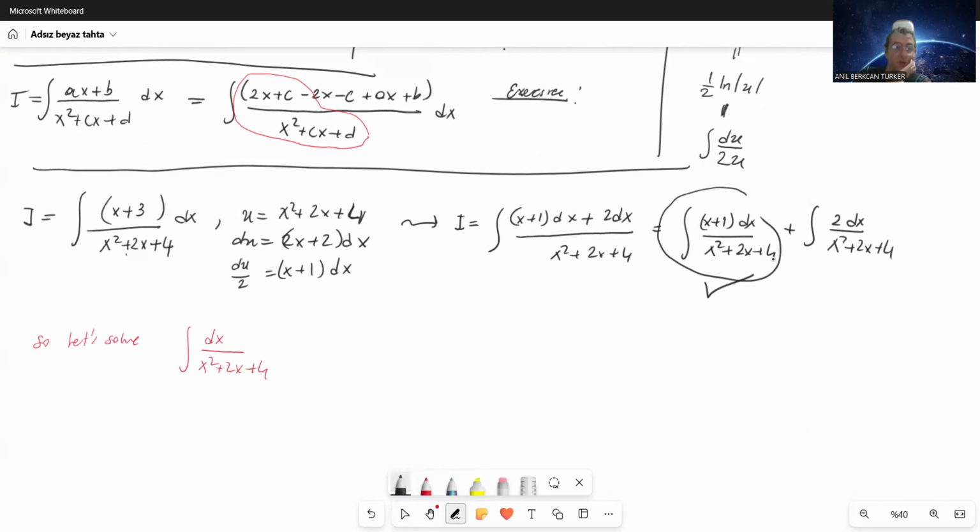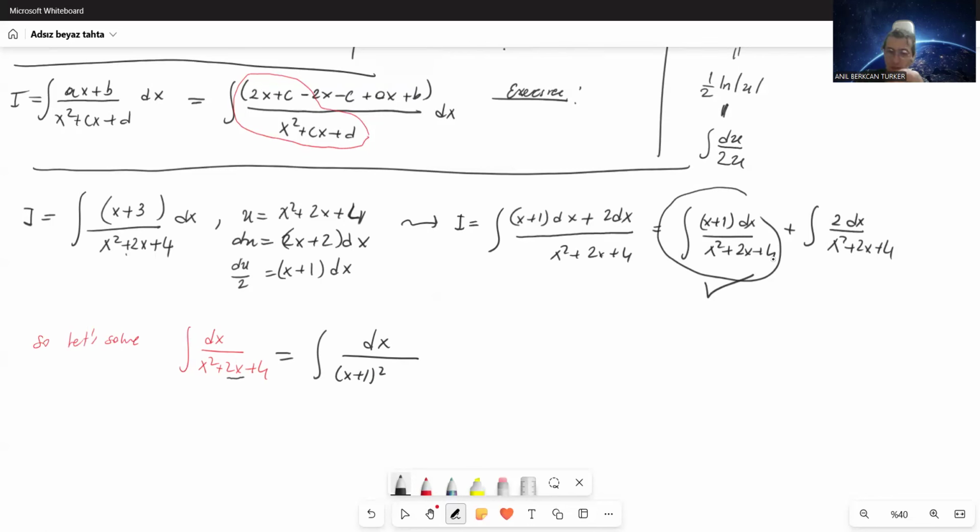This trick is completing the square. So it should be dx over, what is the square version? It is like x plus 1 squared, right? Because I'm completing the square with respect to this linear term.